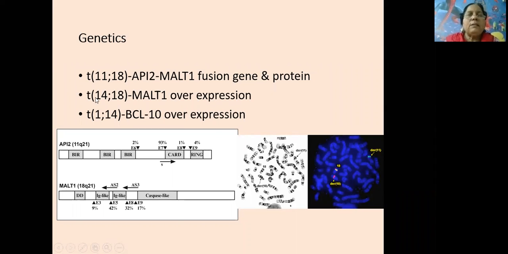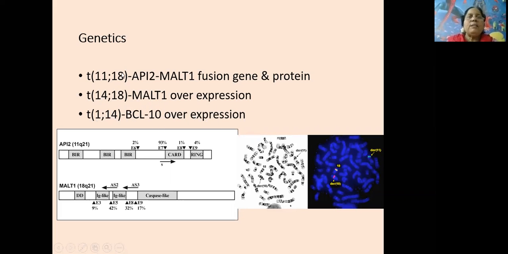The other is translocation 14;18. Here also that MALT1 is present. So this MALT1 is overexpressed. Because of that, the lymphoma arises. This is translocation 1 with 14. This 14. So BCL10 is overexpressed.